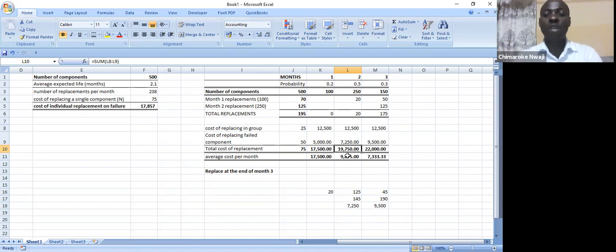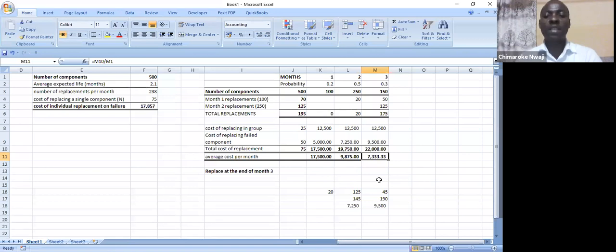Divided by 2, it gives you 9,875 naira per month. Doing the same thing for month 3, you divide 22,000 by 3 months, and it gives you 7,333.